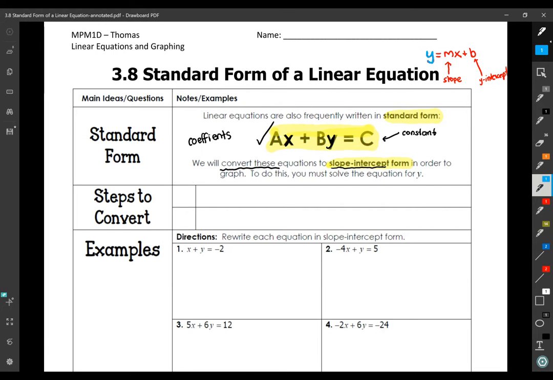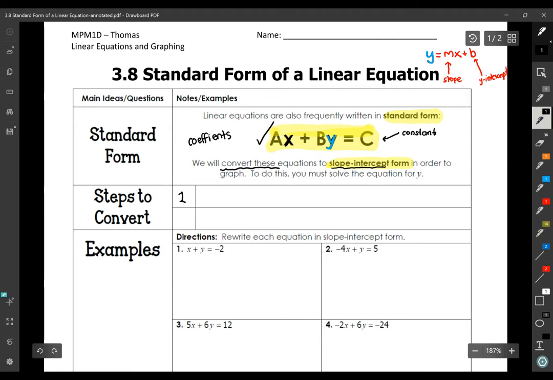It just has y all alone and everything else on the other side of the equal sign. So to convert from standard to slope-intercept, all we have to do is isolate and solve for y. We can do that with two easy steps.